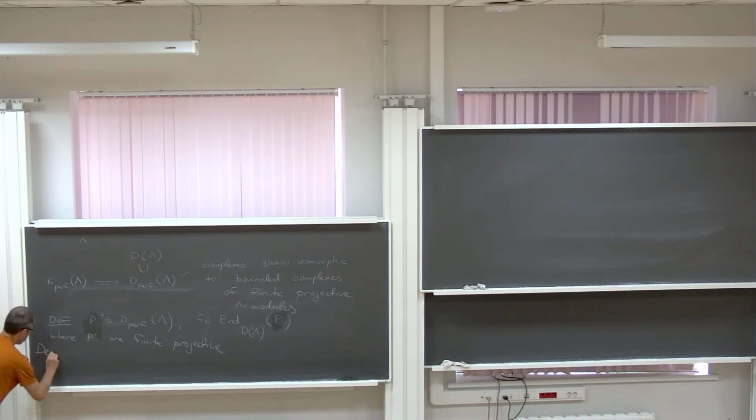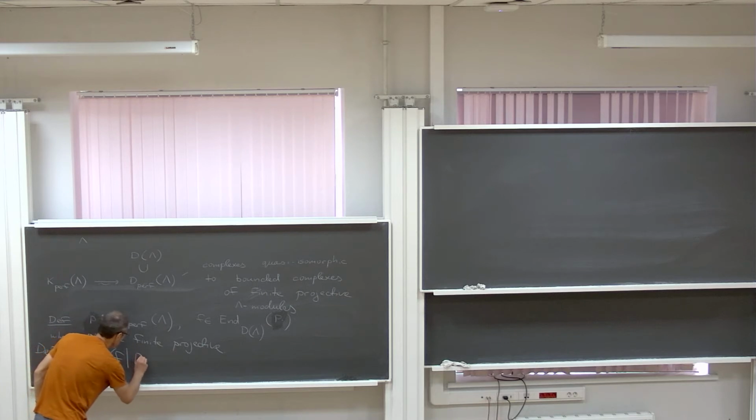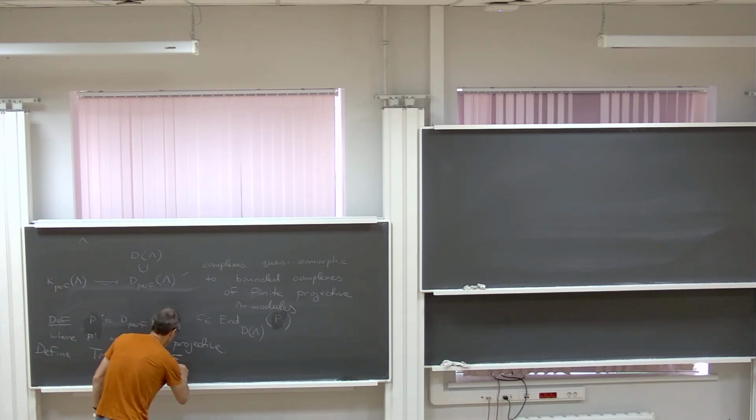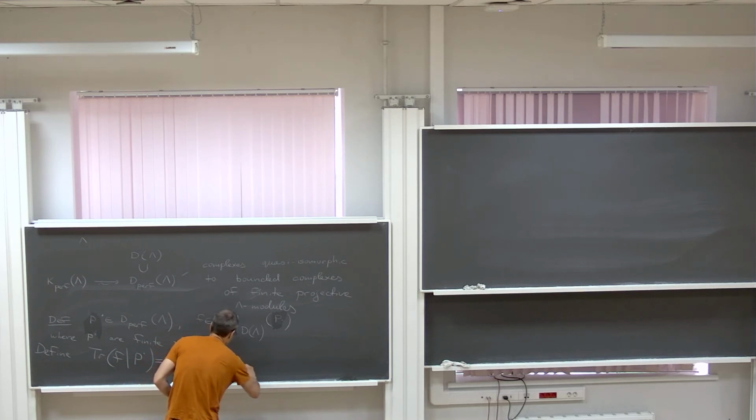Define the trace of F on P to be the alternated sum of traces of F_i acting on P_i.